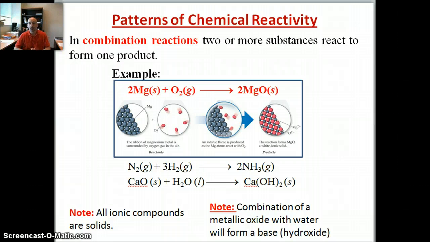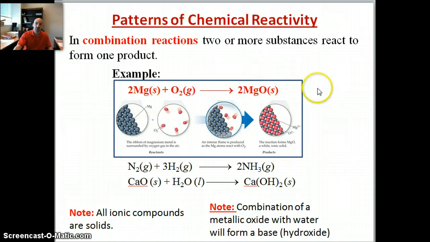The first is a combination reaction, and if you think about this, it means that 2 or more substances are reacting to form 1 product. The reaction is really similar to what happens when we use fireworks or flares. Okay? And in these reactions, it's a reaction between a metal and a nonmetal that's going to produce an ionic solid. So here, which happens in a flare or firework, basically you have magnesium, which reacts with oxygen gas to form magnesium oxide.